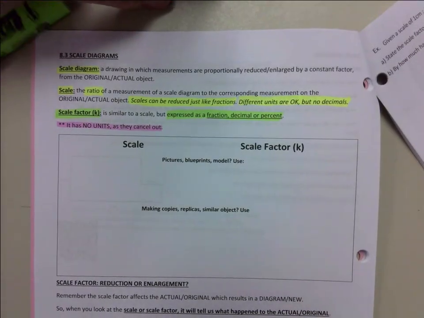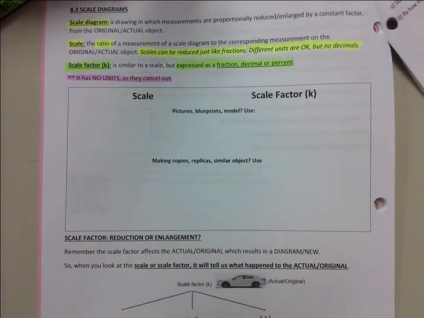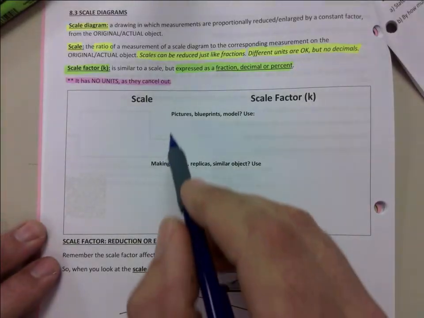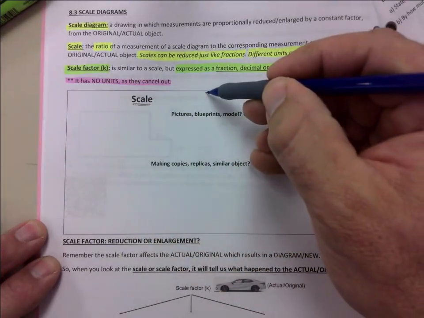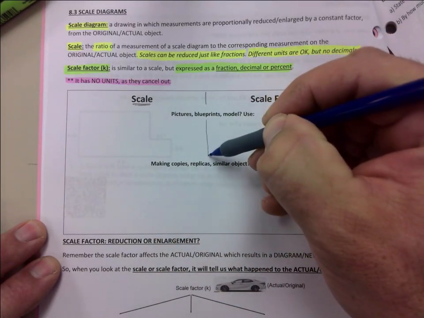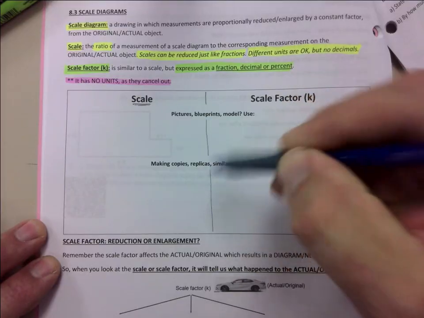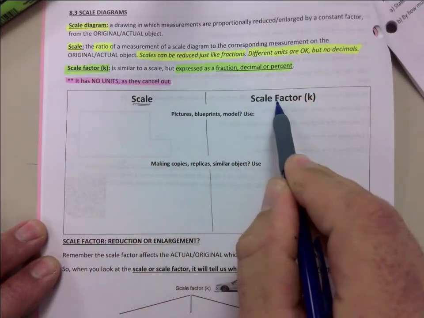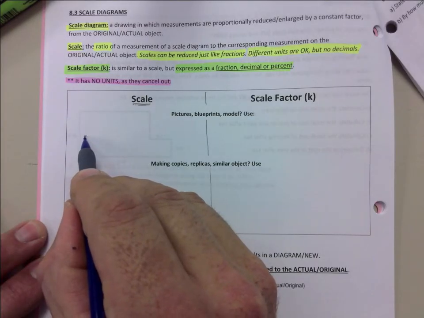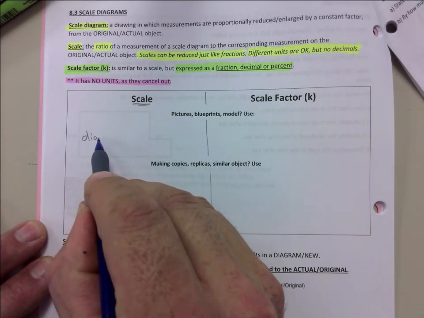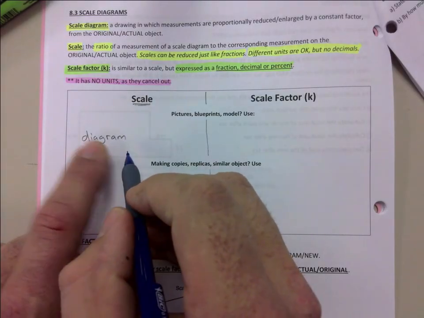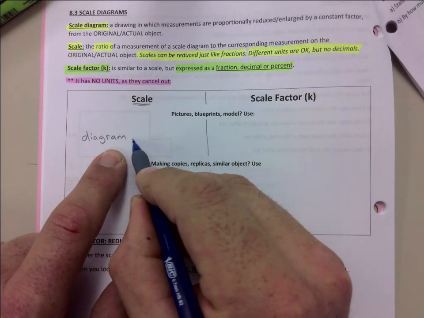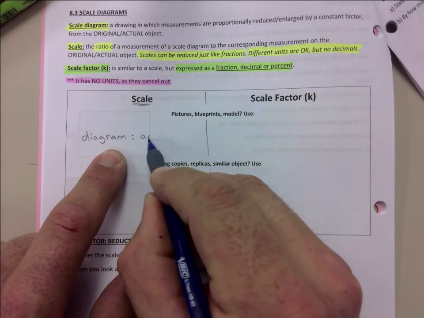So let's compare scale and scale factor here. Okay. So in general, you've got scales and scale factors. A scale usually has numbers, okay? Whatever is on the diagram compared to actual.